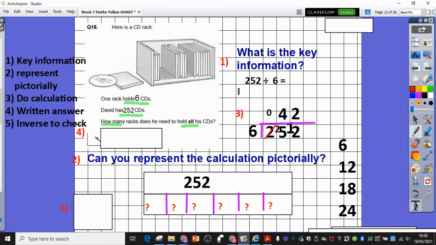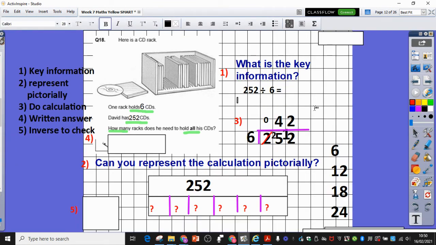Okay, right, so I am dividing 252 by 6. 6 does not go into 2, so I'm going to put 0 there, but 6 goes into 25 4 times. Now I know that 4 6s are 24, but what you may want to do, and I strongly advise you do, is list your times tables down here using 5, 10 derive.